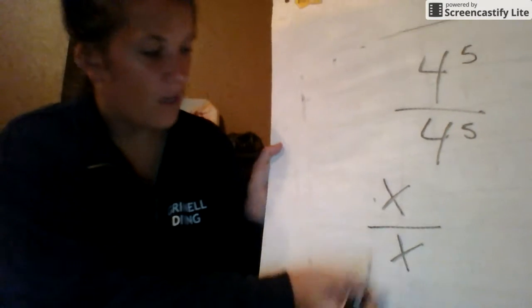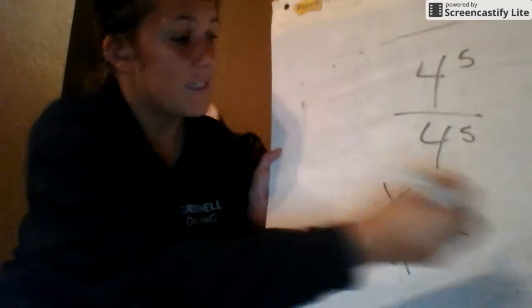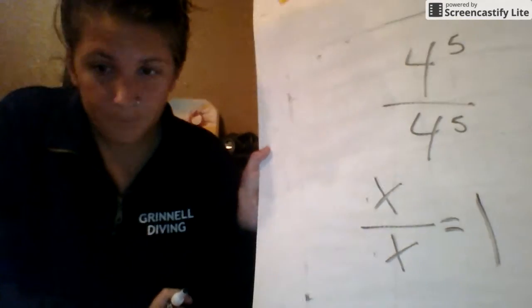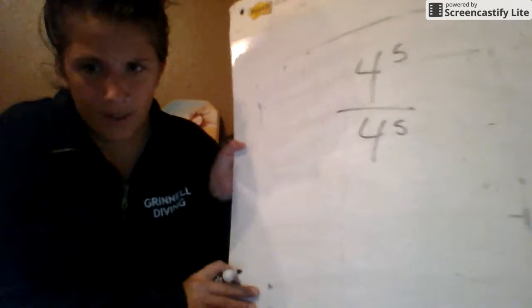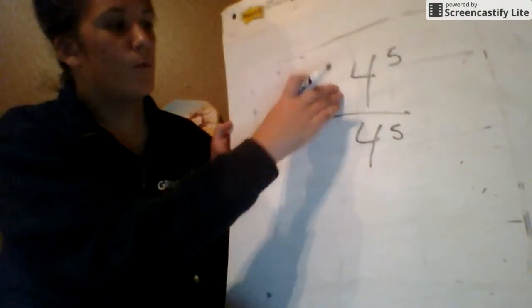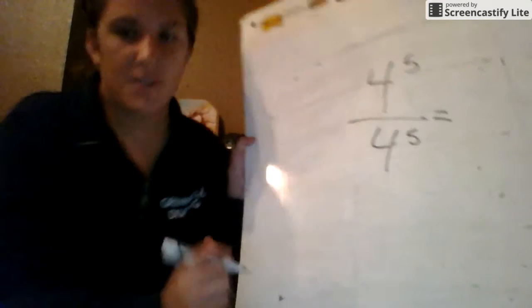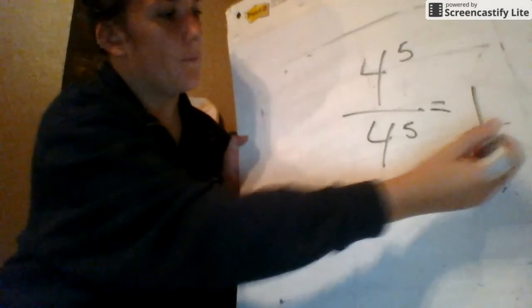If the numerator and the denominator are the same value, I know that x over x is equal to 1. So take a look at this. 4 to the 5th over 4 to the 5th. The numerator and the denominator are the same, so this would simplify to 1.